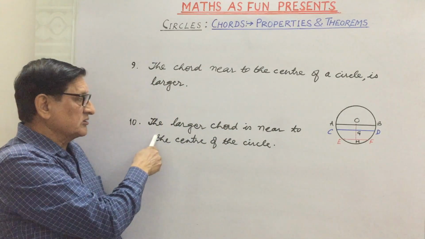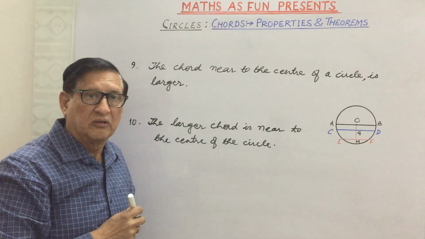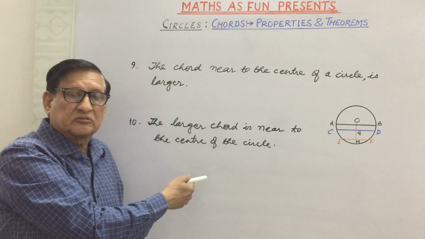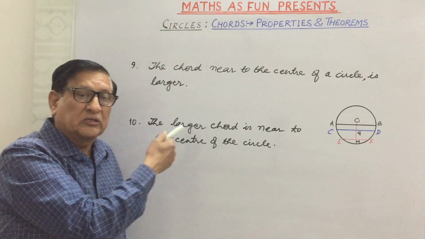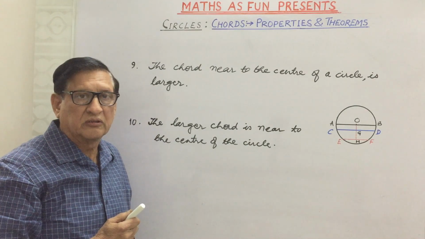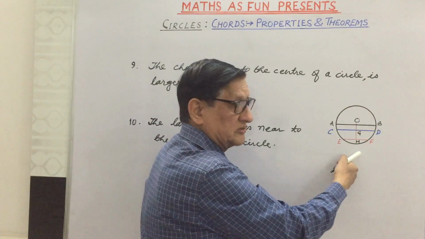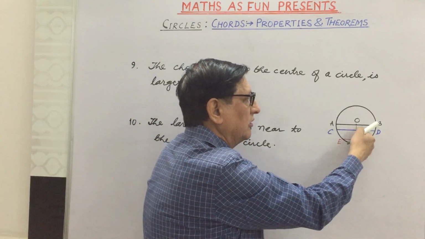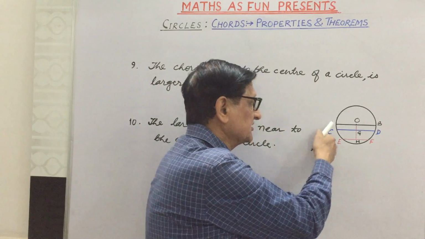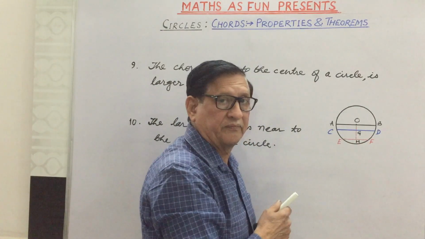The next theorem we can have: the chord near to the center of a circle is larger. The converse of it is the larger chord is near to the center of the circle. Of course, these two theorems can be proved, but the only thing is we need the inequalities in that. And the logical proof of this can be given that if we draw a circle like this with center O and draw a diameter in it, AB is the diameter, and we have drawn two chords CD and EF.